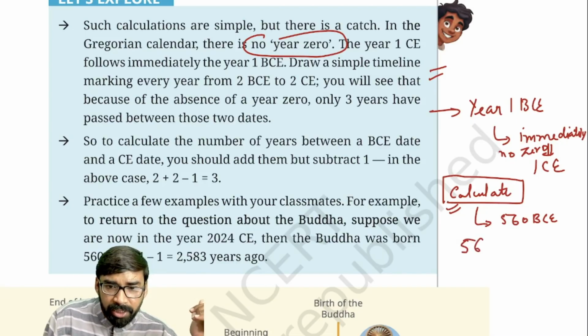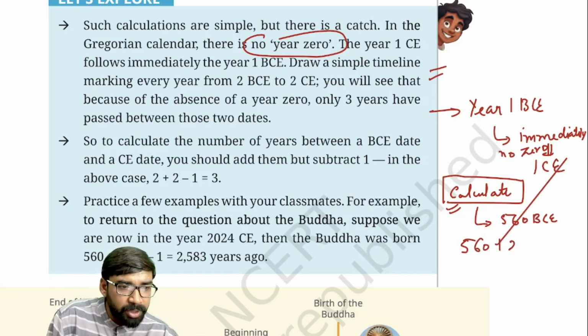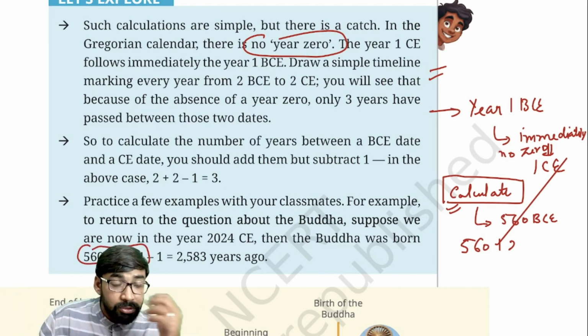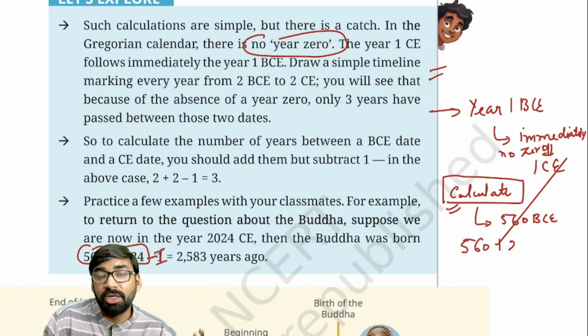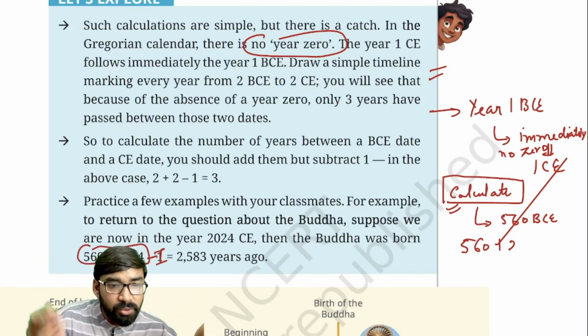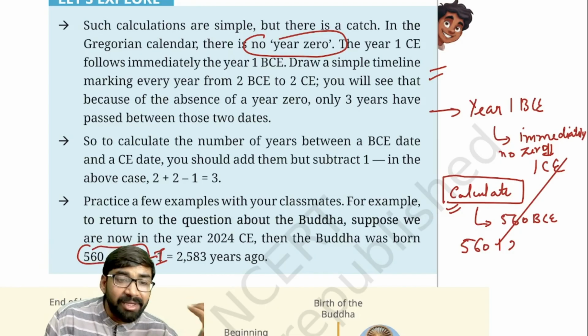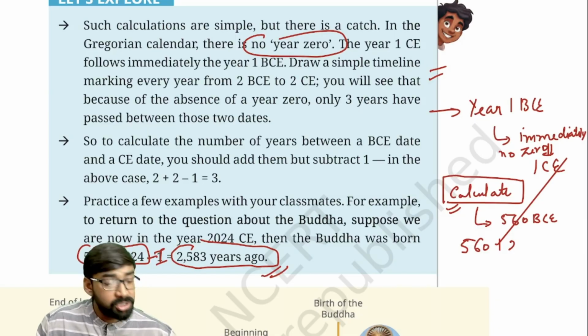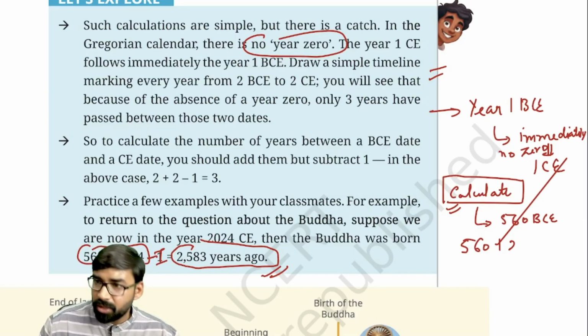You write 560, plus, suppose we want to calculate till 2024, so 2024, and you have to do minus 1. Why? Because there is no 0. So Buddha existed around 2583 years ago. This is how the dates are calculated.